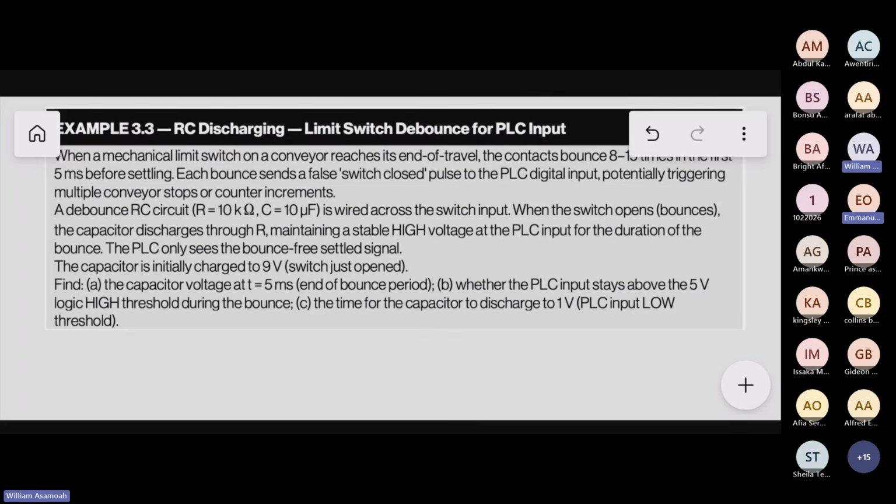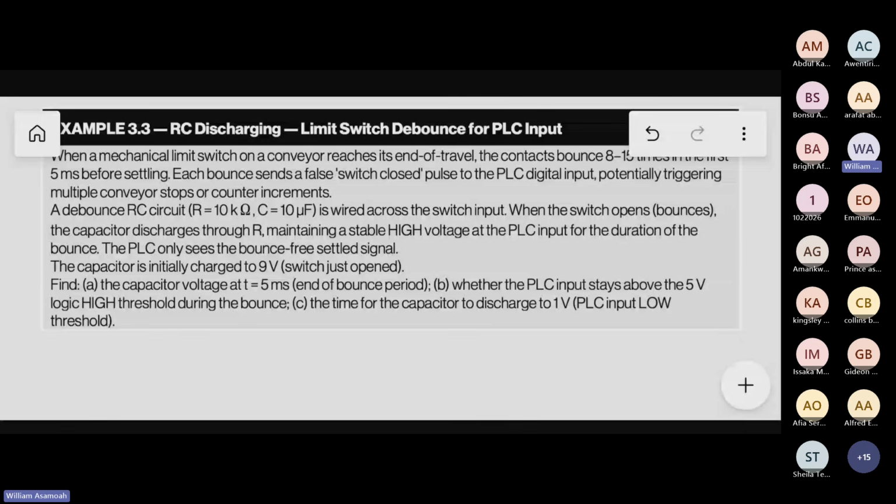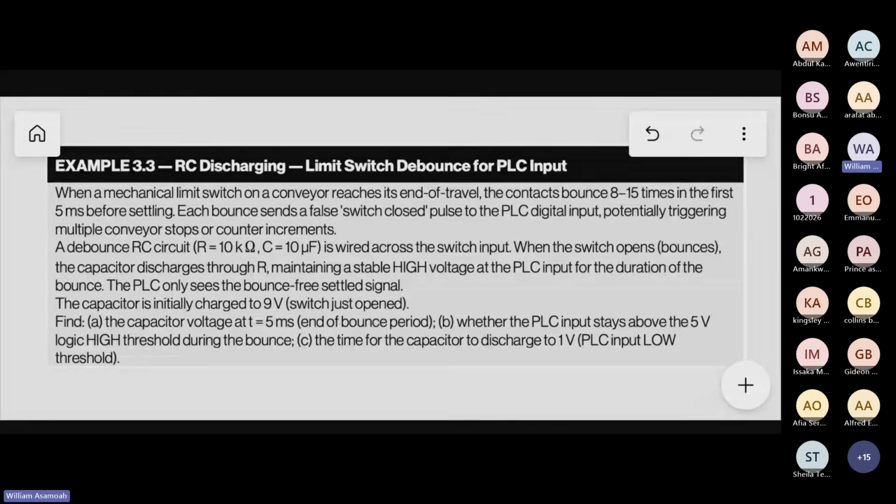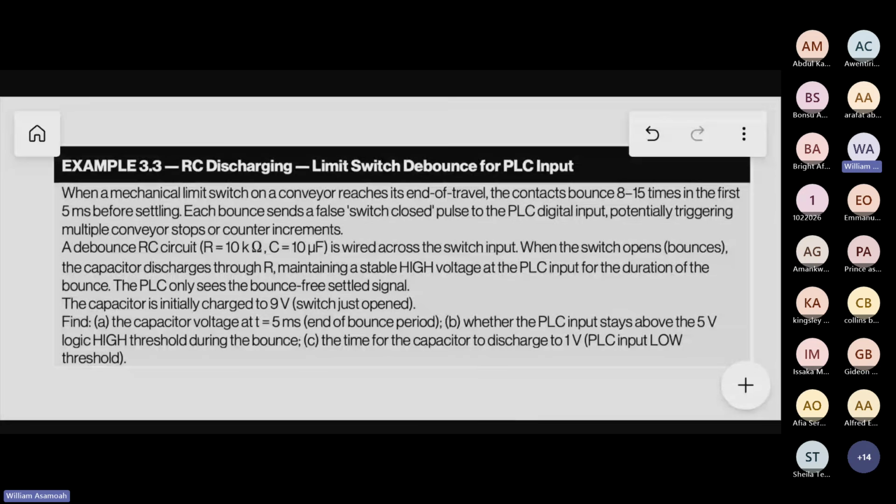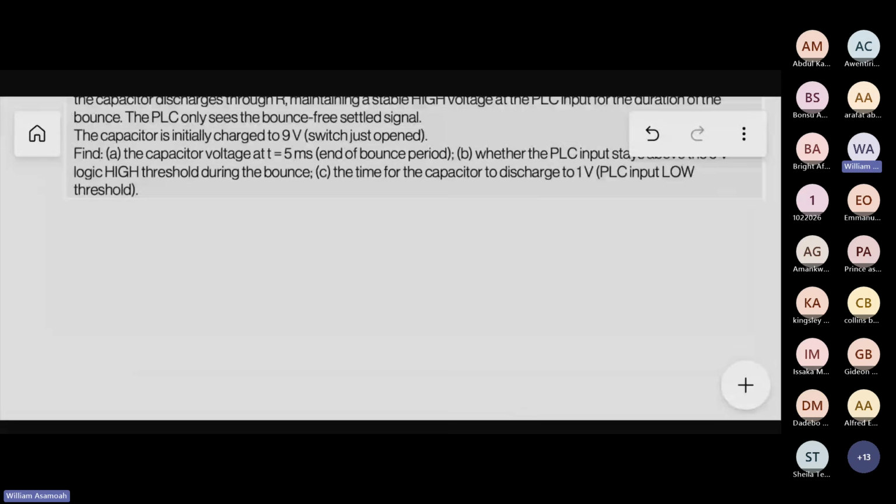Now, this is a problem we have in the industry. I was telling you in class the last time that we use PLCs to control all the systems there. And these PLCs use certain switches, right? So for instance, you have a conveyor line that looks like this.